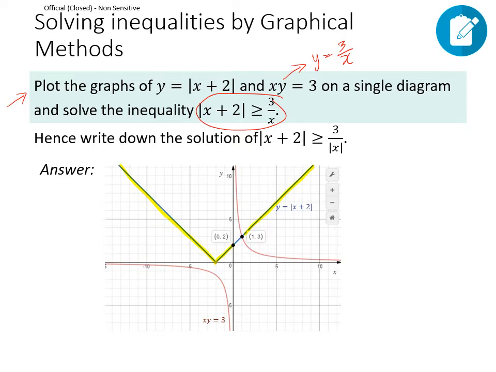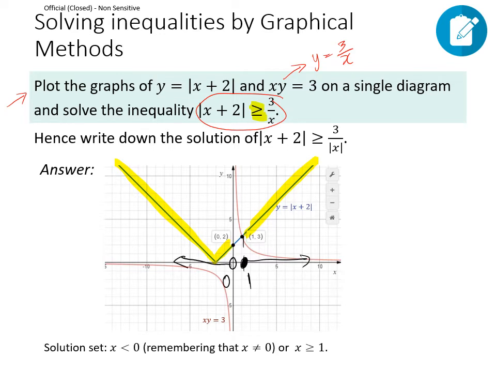So if the question now requires us to find a portion of the graph that is greater, which means we want the part of the straight line that is above the rational function. So we are talking about the portion of the graph that is going to be from 1 and above, and 1 is really included in this case, and 0 and below, less than 0.